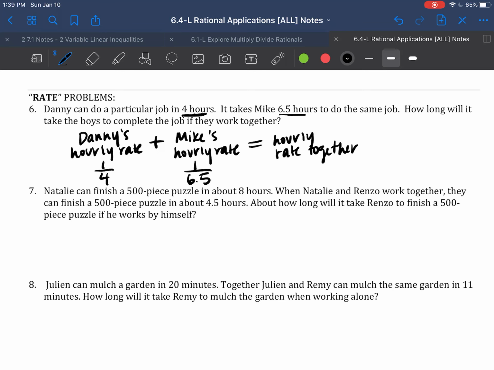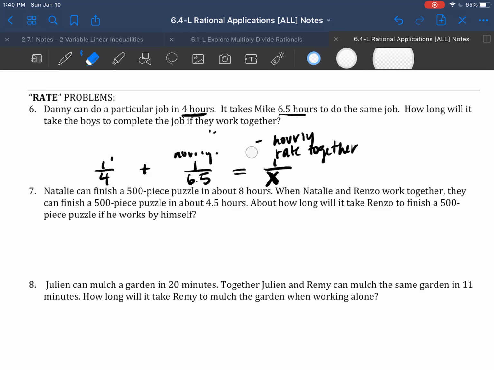I don't know how to say that as a fraction. 1/6.5 of the job is done after 1 hour. Okay, and so if we add that together, we would get their rate together. And so it's going to take them X hours to do it together. And so 1/x of the job is going to be done. Okay, and so now this is the equation we need to solve.